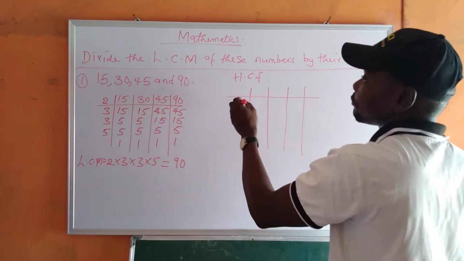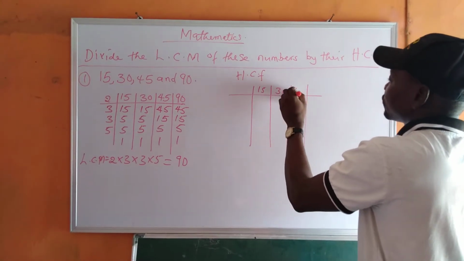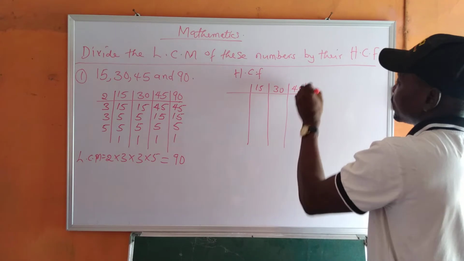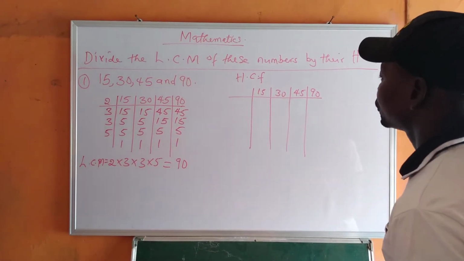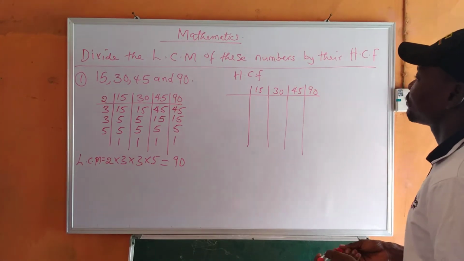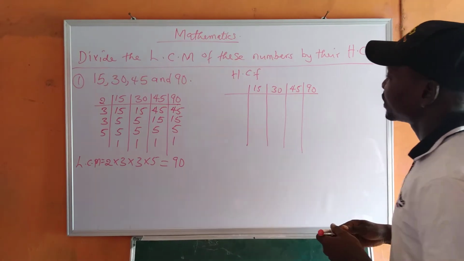The H.C.F of 15, 30, 45, 90. If I were you, I would just look for the highest factor that can divide all four numbers at the same time.